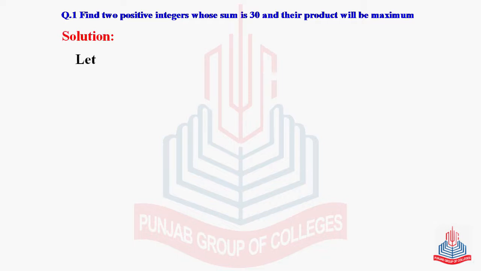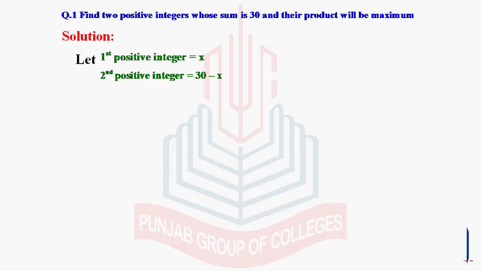Solution: let the first positive integer be x and the second positive integer be 30 minus x. Obviously the sum is 30. As we discussed in the examples, if we choose the first number as 1, then the second number must be 29, which is 30 minus 1.